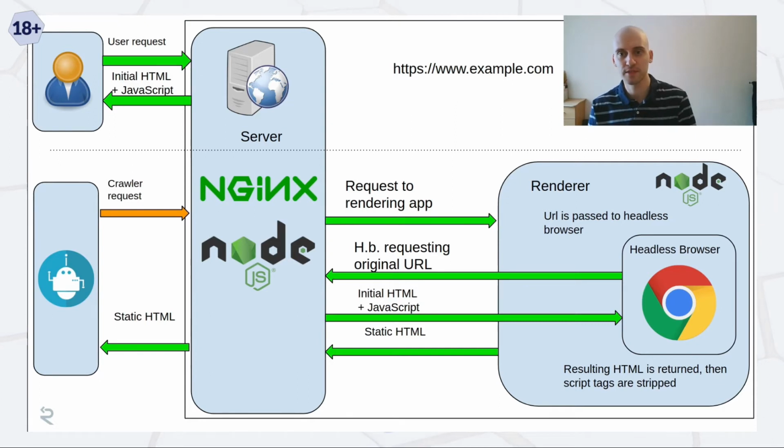Sometimes a server, sometimes some middleware, a piece of software on the server or something else, understands that this is a crawler. The main algorithm here, as we already saw, is to get the user agent and check if it's a user agent of a bot or a crawler, and if so, the request is passed to the rendering application.